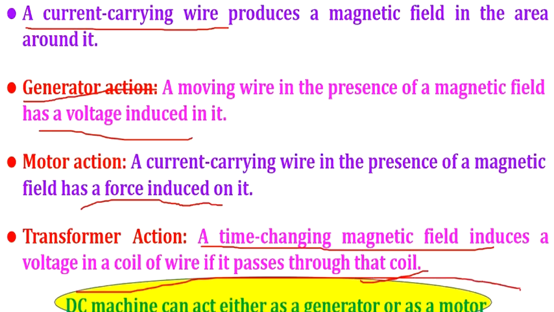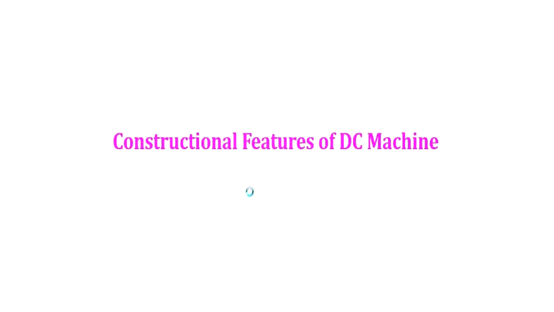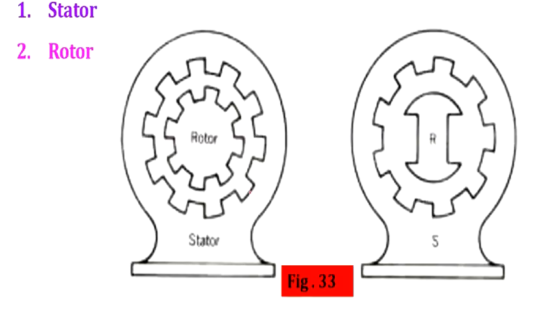DC machines can act as a generator or motor. Construction-wise, it is the same. If you give mechanical input, it acts as a generator. If you give electrical input, it works as a motor. Coming to the constructional features of a DC machine, it has a stator and rotor.